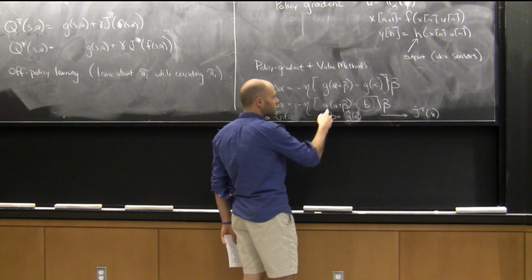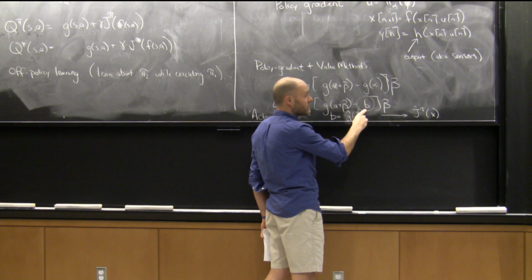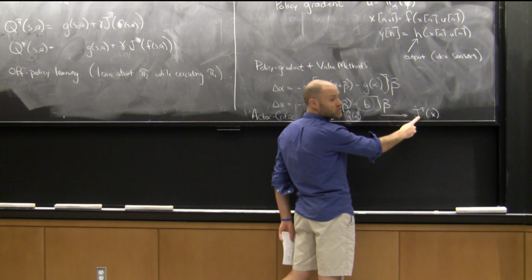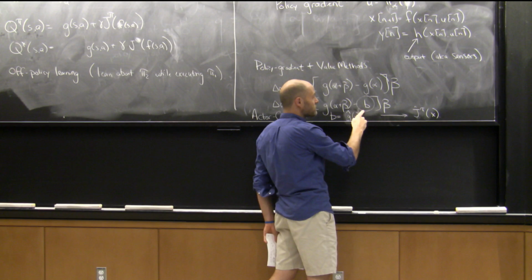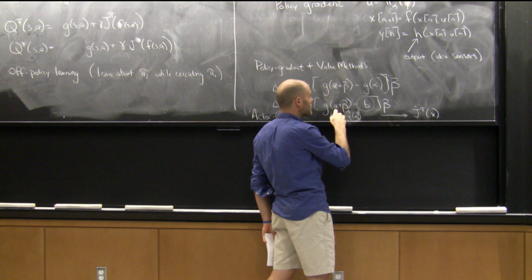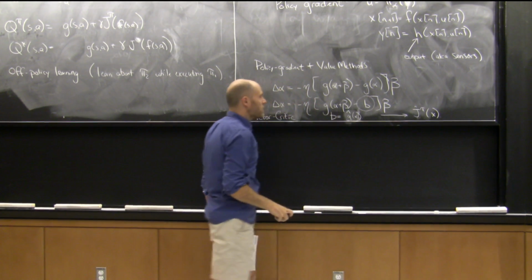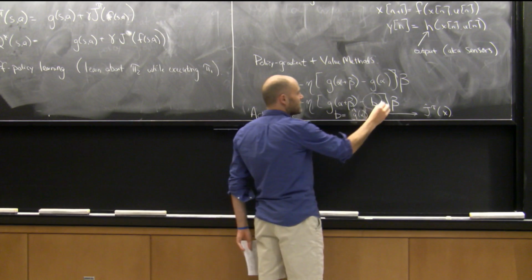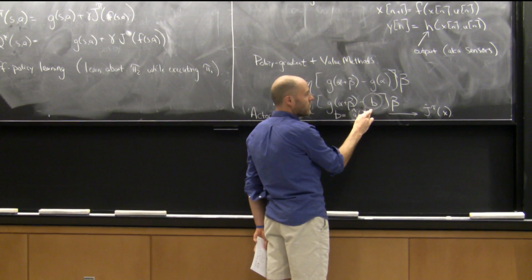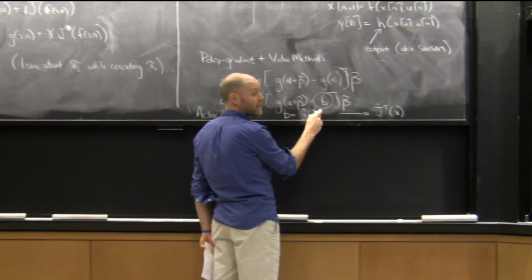Comparing it against the expected performance J under the original parameters gives me a reduced variance update of how good this cost difference is. So actor-critic methods allow you to stick a cost-to-go estimate here and reduce the variance of policy gradient.